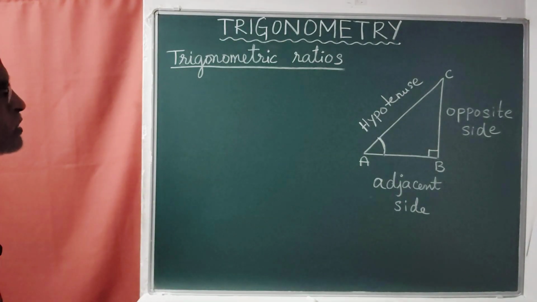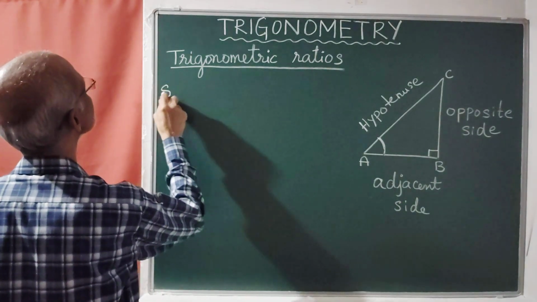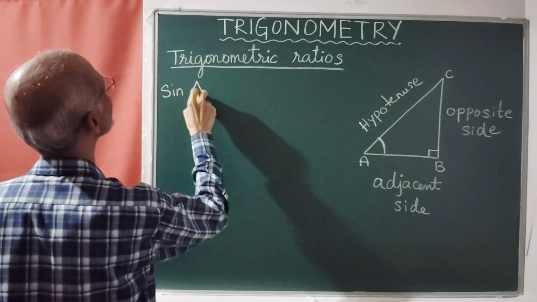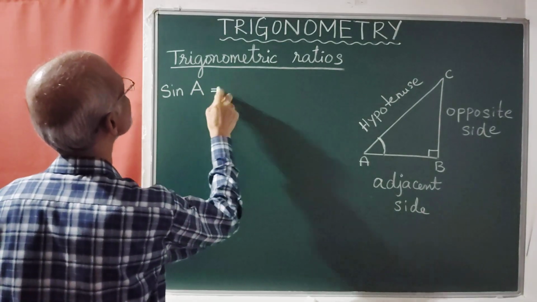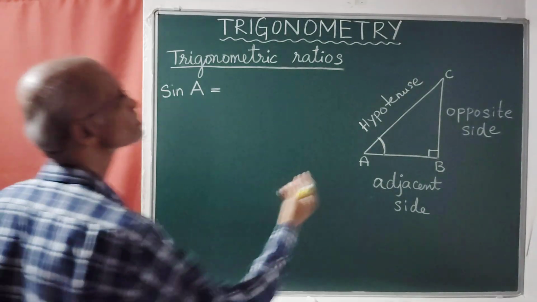Now we'll see the ratios. Sine of angle A is opposite by hypotenuse.